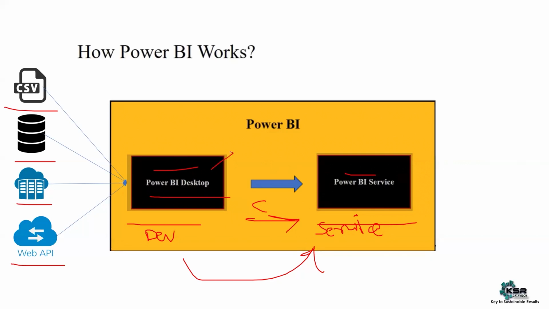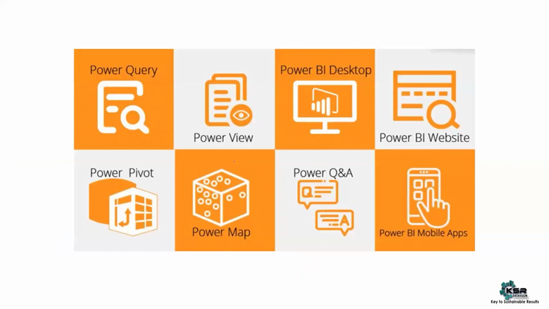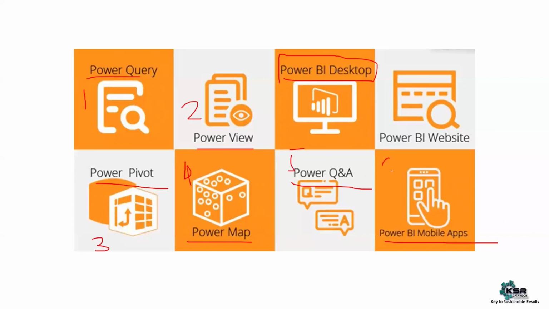Now in Desktop also there are sub components, which you can call primary components. What are all the primary components? This is Power BI Desktop. Power BI Desktop comes with a combination of Power Query, Power View, Power Pivot, Power Map, Power Q&A, and Power BI mobile apps. That means this is 1, 2, 3, 4, 5, 6.